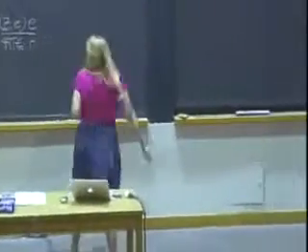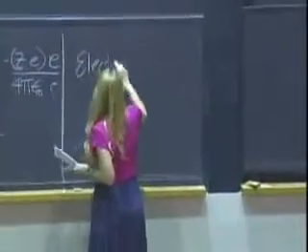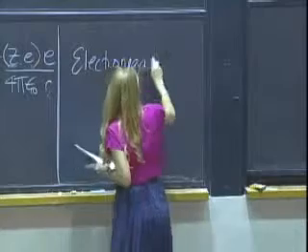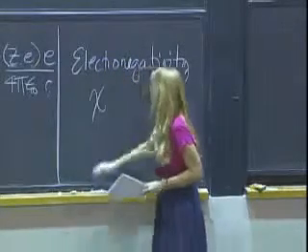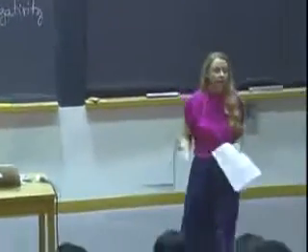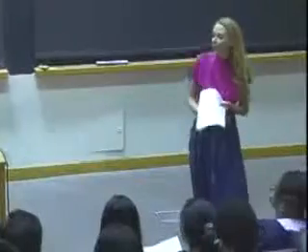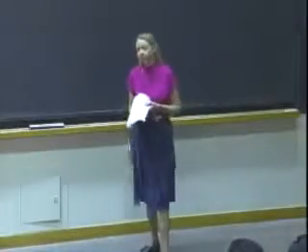And then finally, I want to define another term, and that is the electronegativity. Sometimes we give that the symbol chi. The electronegativity is an empirical quantity. We're going to use Mulliken's definition for the electronegativity. There's a Pauling definition. Mulliken's is a little bit more straightforward.